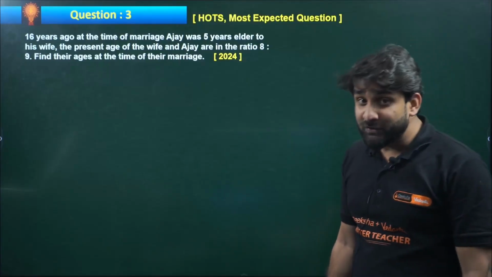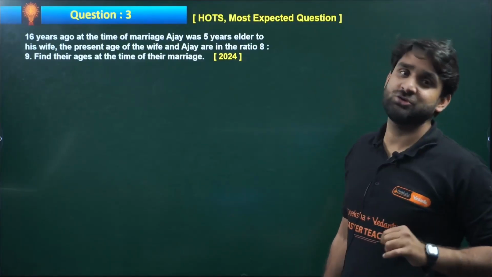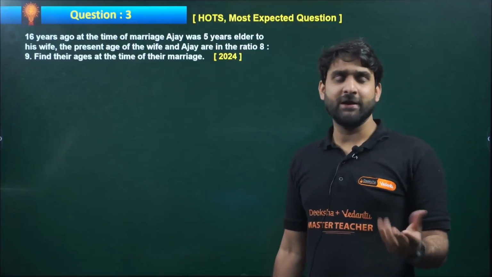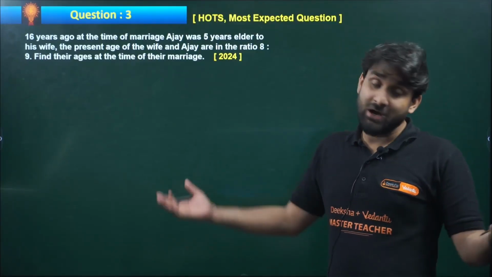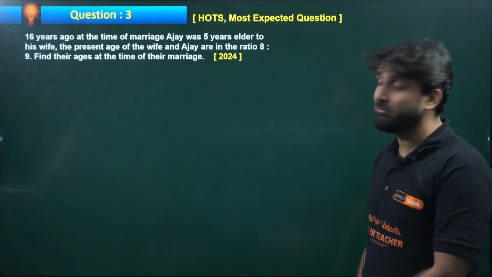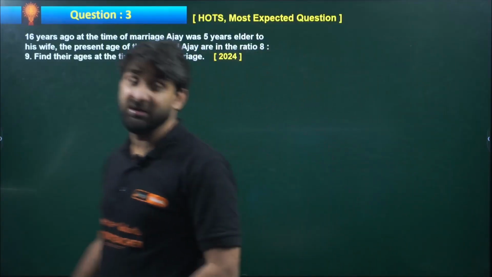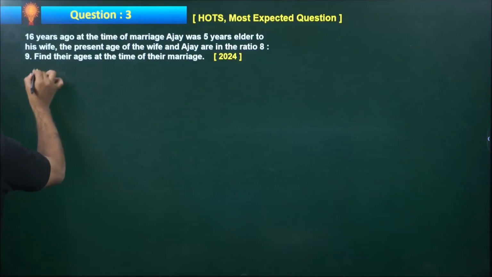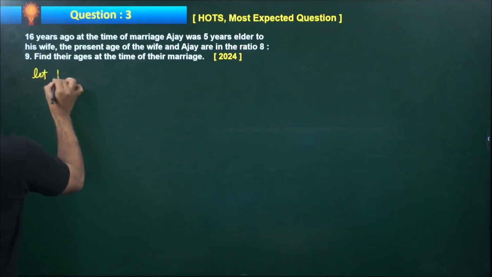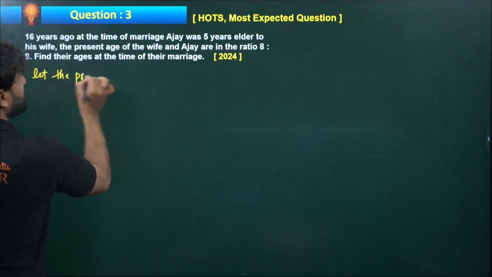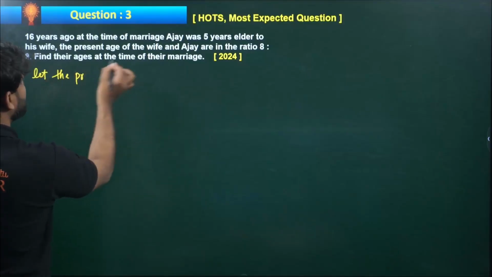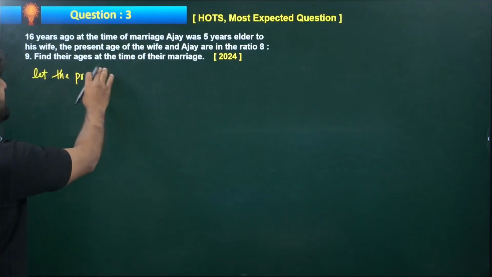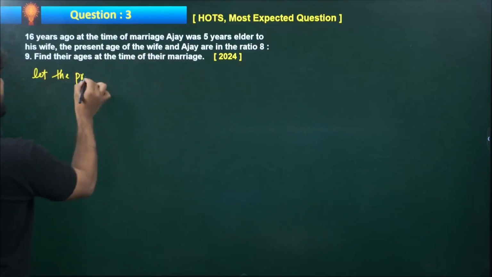And what do we need to do first? Let the present age. Without letting the present age, you can't form the equation. And if you don't have an equation, how will it be possible for you to find the values of x and y, I mean their present ages? So let the present ages first. The question is asking to find their ages at the time of marriage. So let's do the present age first.